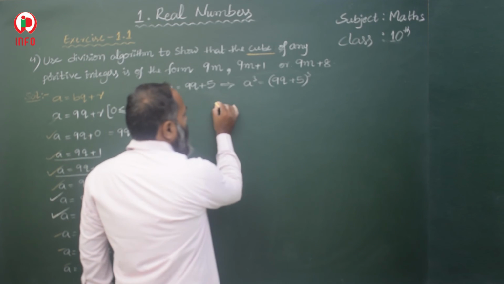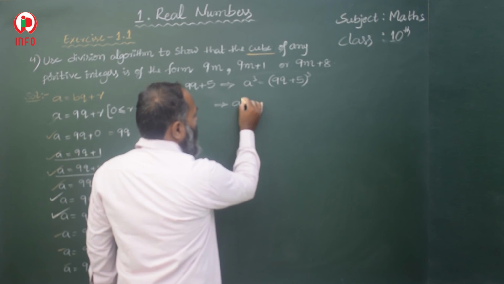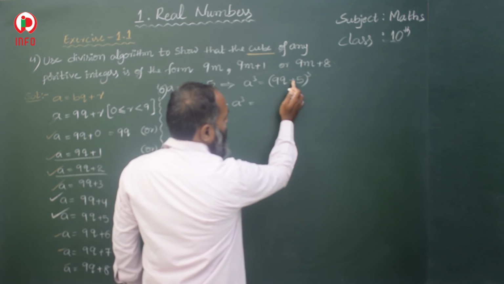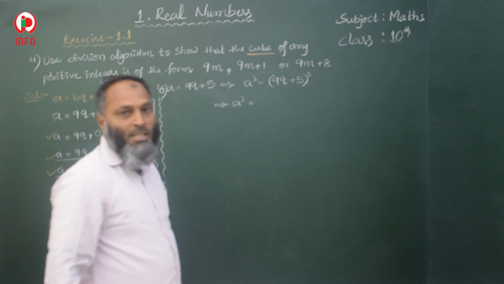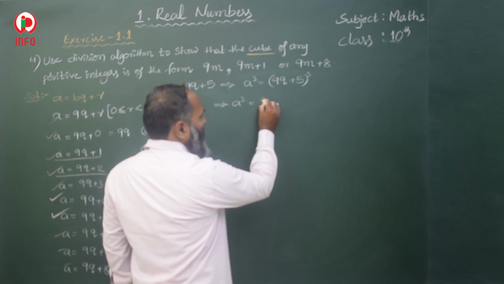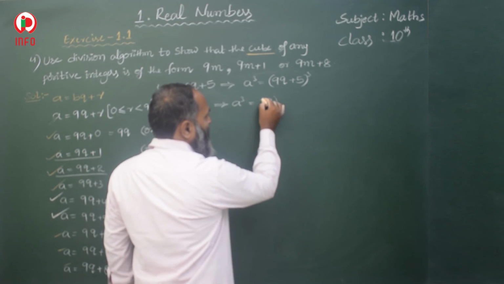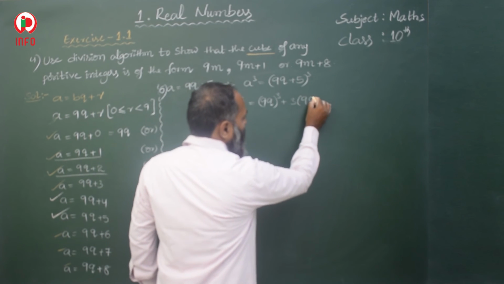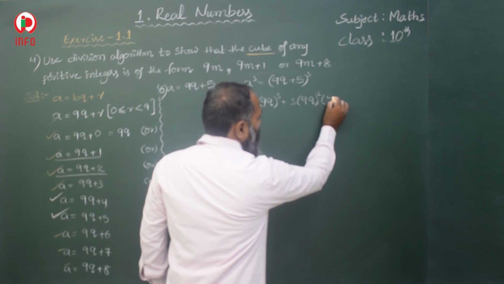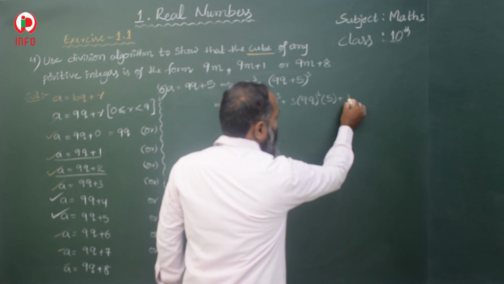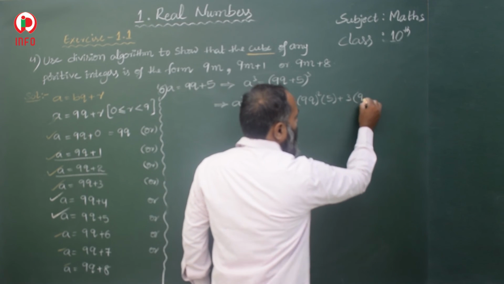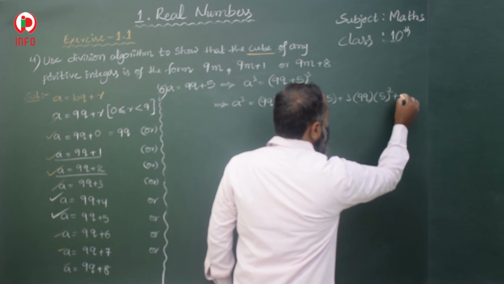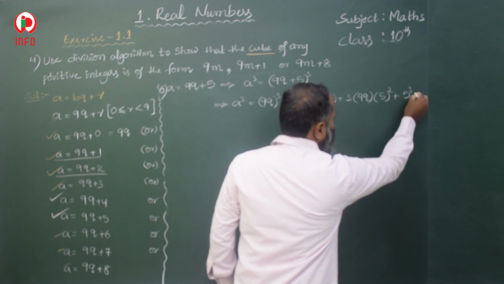So now a cube is equal to, this is our a and this is our b. A plus b whole cube formula: a cube, that is 9 cube whole cube, plus 3a square b plus 3ab square plus b cube.